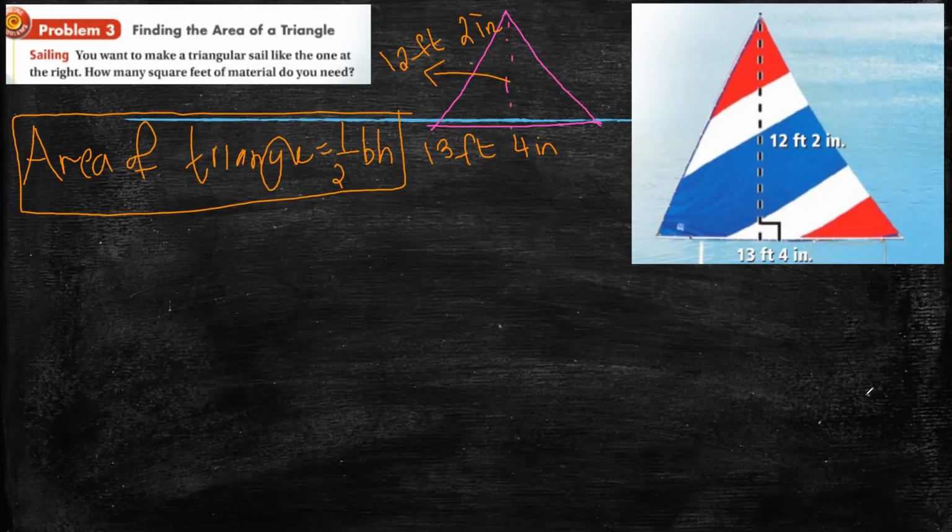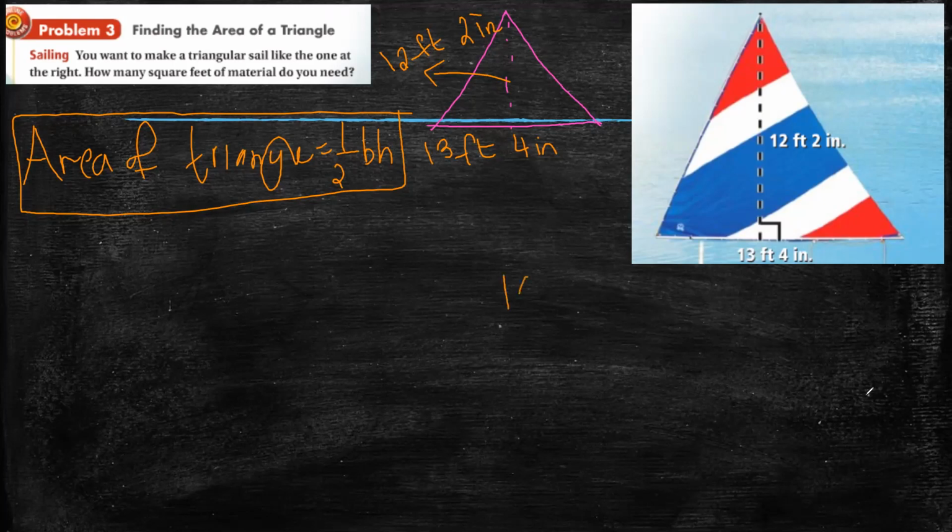It is 13 feet 4 inches. And where's the altitude that is perpendicular on the base? It is 12 feet 2 inches. Now, before we multiply them, can we multiply them if we have different units? No. We need to convert.